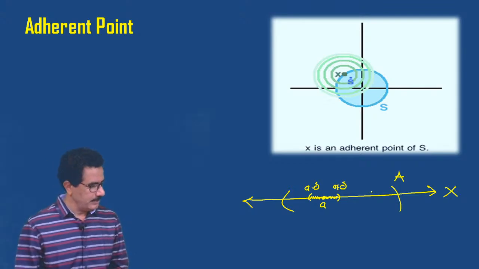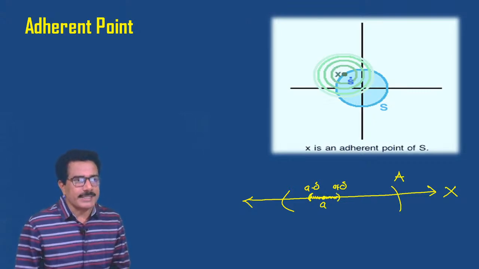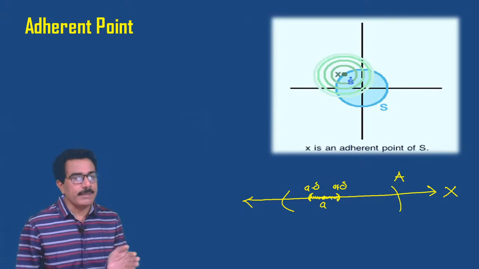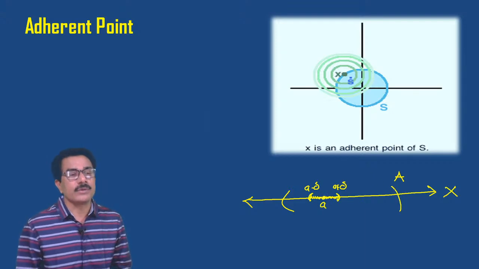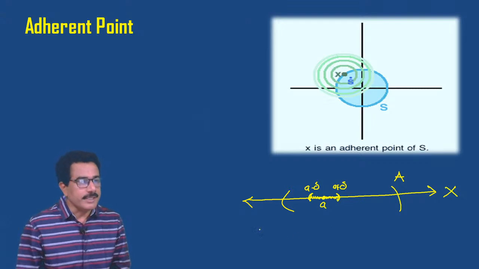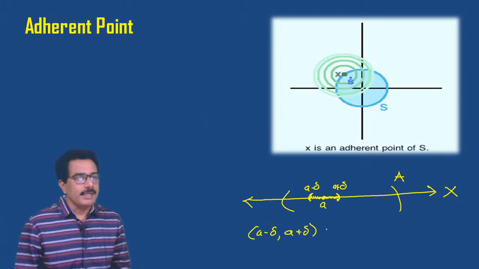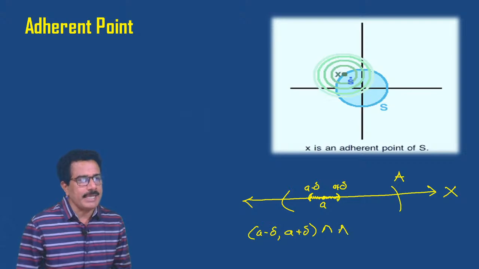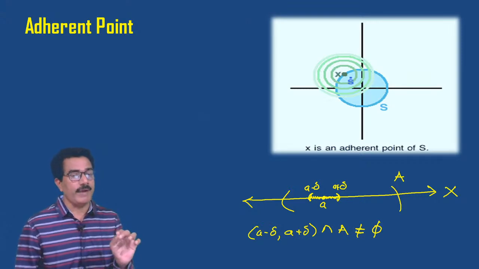if, see here, this open set or this neighborhood contains at least one point which is included in this set A. That means this open set from a minus delta to a plus delta, intersection capital A, is not equal to phi, at least one point.